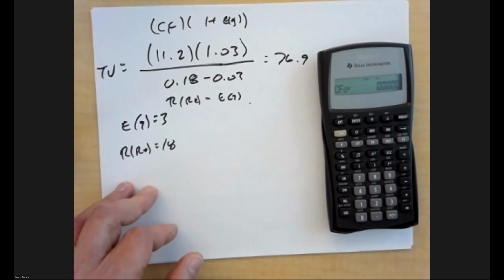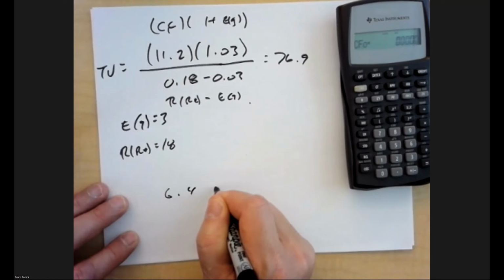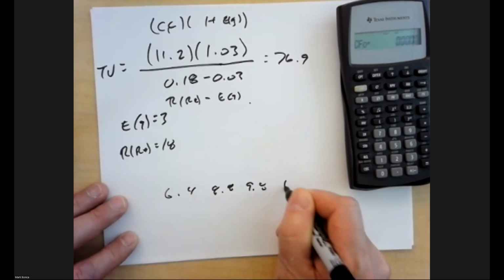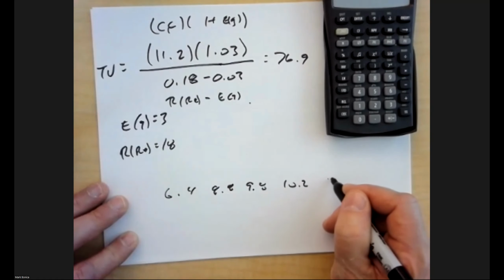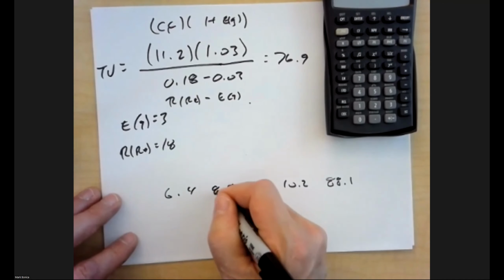We've got 6.4, 8.8, 9.8, 10.2, and then how much was it? 88.1. All right.